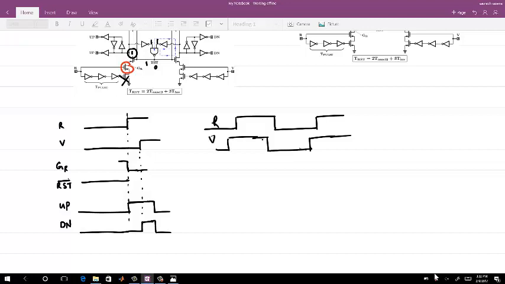This is R, this is V. Okay, now the question is whether this edge will be taken into account or not.